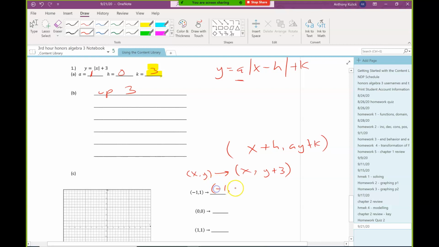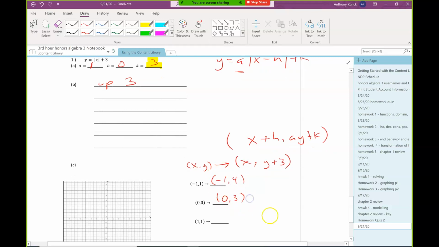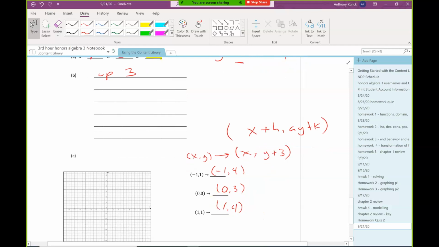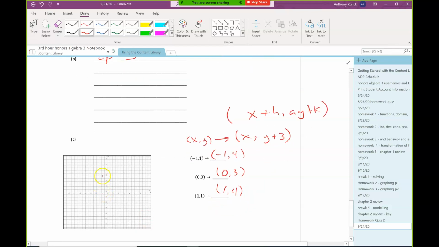So this one becomes negative 1, 4. That becomes 0, 3. And that becomes 1, 4. So negative 1, 4 is like right there. 0, 3 is there. And 1, 4 is there. So that's my graph. Does that feel okay, Jane? Yeah. Okay.